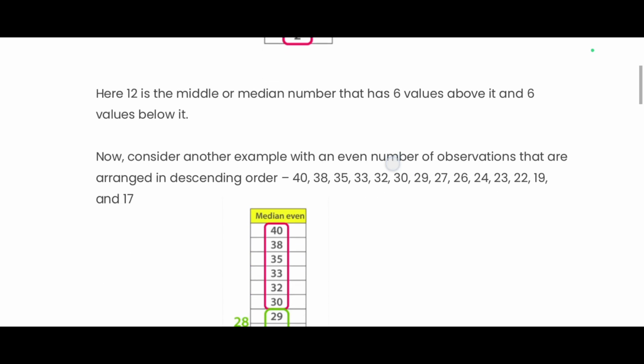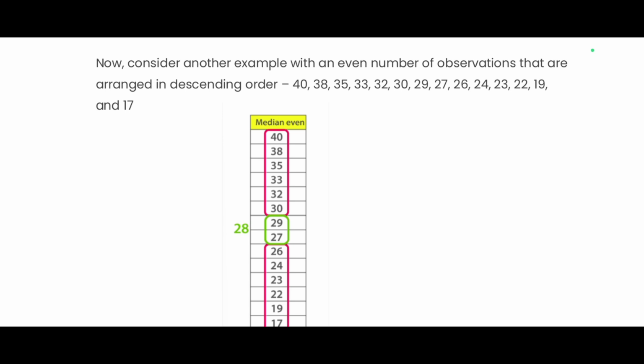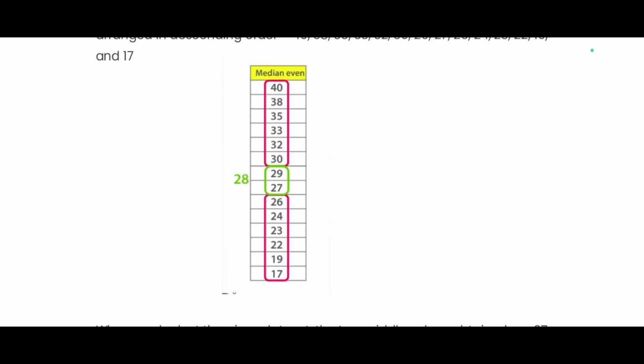Now consider one more example with an even number of observations arranged in descending order: 40, 38, 35, 33 and so on up to 17. Here the total number of observations is even, so we can't find the median directly. We have to take the average of the middle two values, that is 29 and 27.